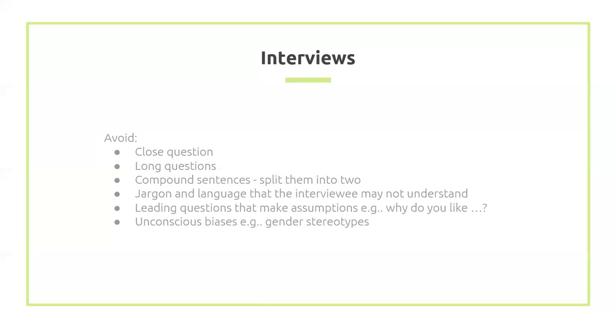Third one, avoid compound sentences. For example, you want to interview the user of a mobile phone, and then we ask, do you like the screen layout, and the button structure, and how the buttons are organized?